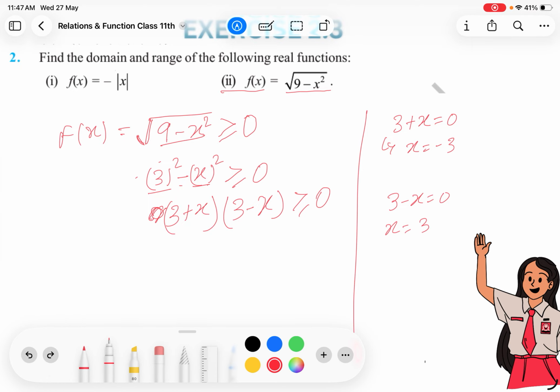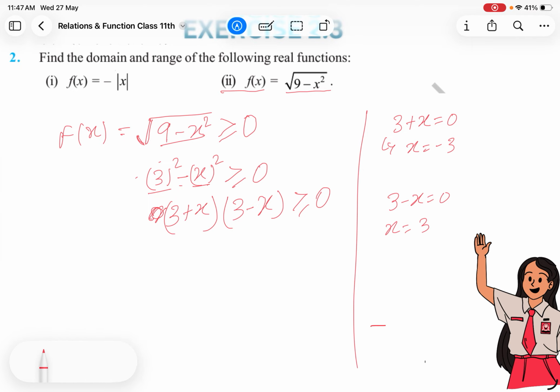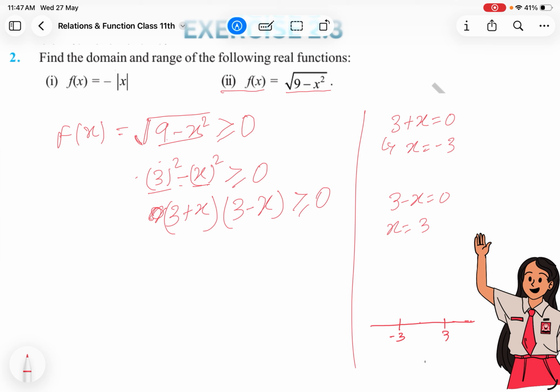We have here minus 3 and here 3. So now we have 3 intervals. The first interval is minus infinity to minus 3, excluding minus 3. The second is minus 3 to 3, and the third one is 3 to infinity.